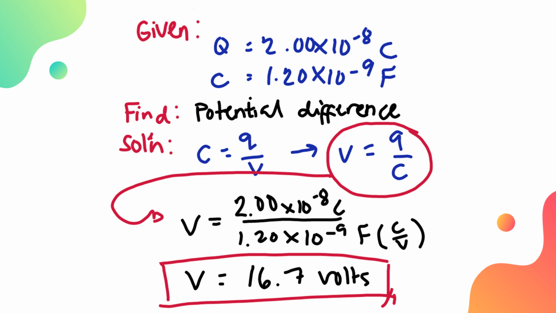V is equal to 2.00 times 10 raised to negative 8 coulomb over 1.20 times 10 raised to negative 9 farad. Now, how do the units cancel? Take note that farad is equal to coulombs per volt. So coulomb will cancel out, leaving us the unit volts.